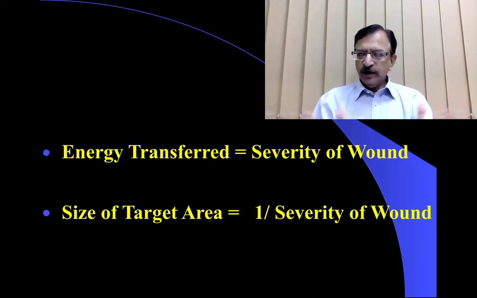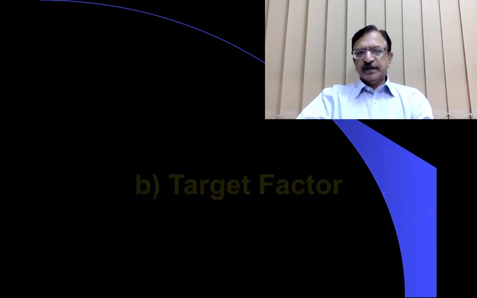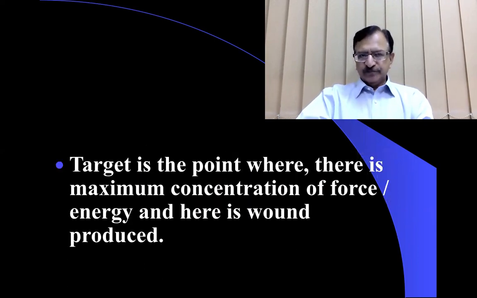Then the whole energy will be concentrated at a single point. Hence, the higher the amount of energy transferred and the smaller the area of impact, the more severe the wound in appearance. Now, the target factor.